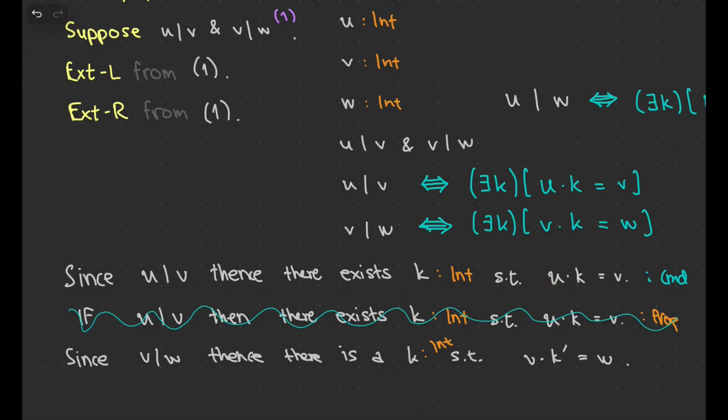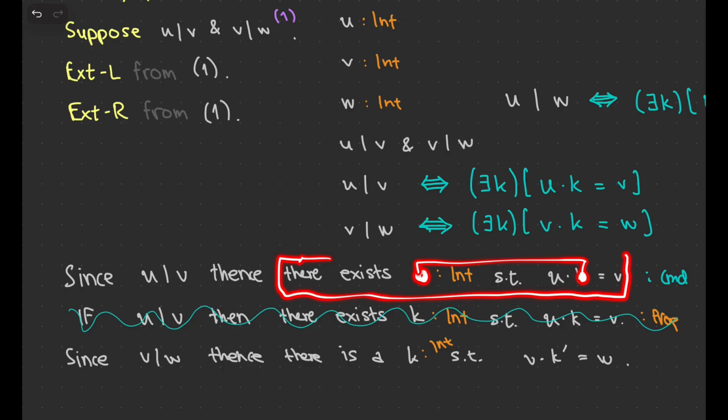What it most definitely did not do is introduce an integer here. It's just saying there exists some integer, and we should start paying attention to the scope of variables, because this K here is just a binder, and it does not live outside this proposition. I could call it whatever I like.